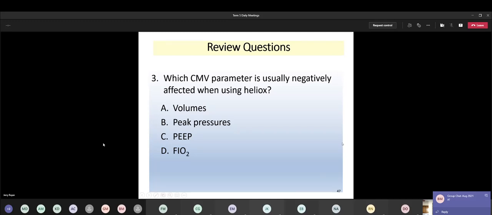Possibly A. It should be A, yes, because what is volume? Volume is flow times time.